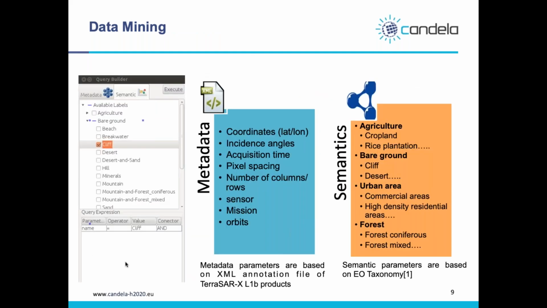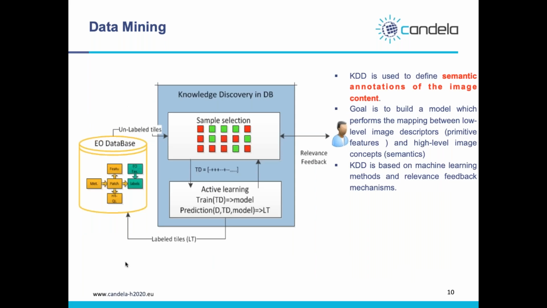So the operations we can perform are queries, so data mining, like grouping based on metadata content and semantic content which was created. So Earth observation extracted semantics, which was created in the CANDELA data mining tool.